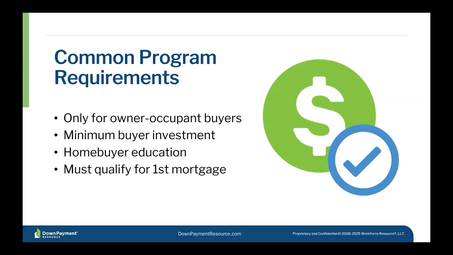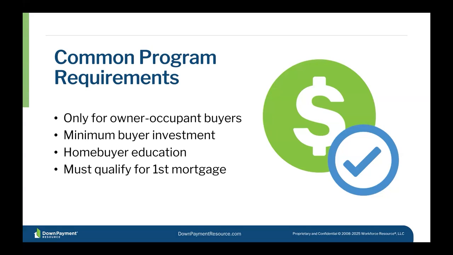They all do still require some minimal investment from the buyer as well. And this can be a monetary investment, which could be like 1% of the purchase price, or maybe $500 or $1,000. But the buyers are also investing time, specifically by completing their homebuyer education course, which buyers typically have to complete in order to qualify for a DPA.